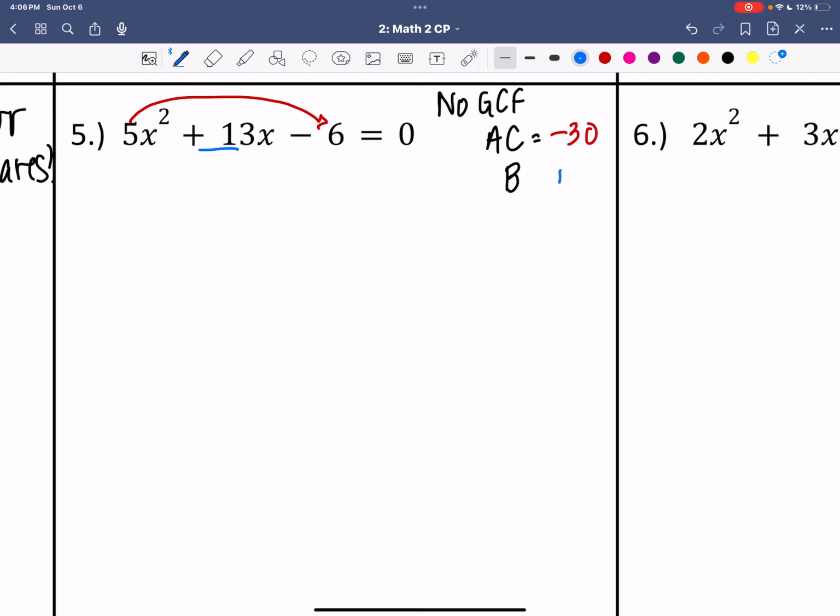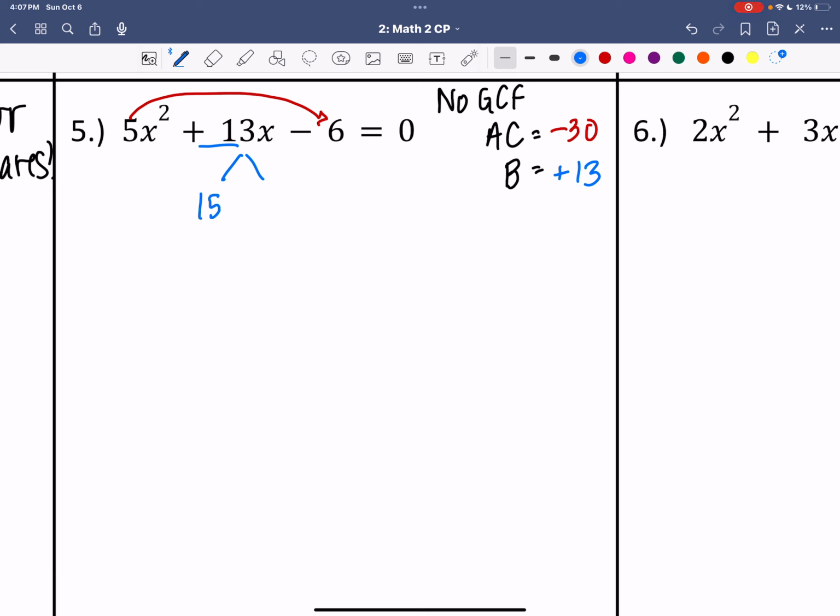B is plus 13. And then you can factor this however you would like. I'm going to do 13 breaks up into 15 times negative 2, because 15 times negative 2 gives you negative 30, and bring down the rest.